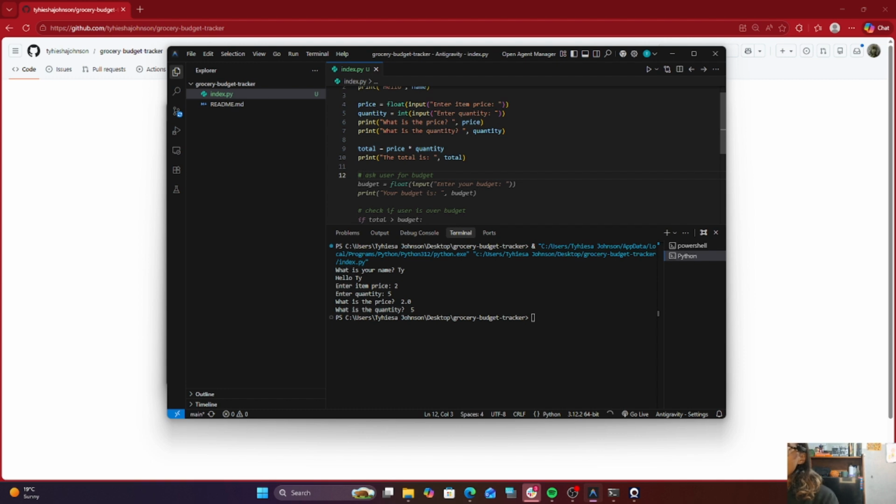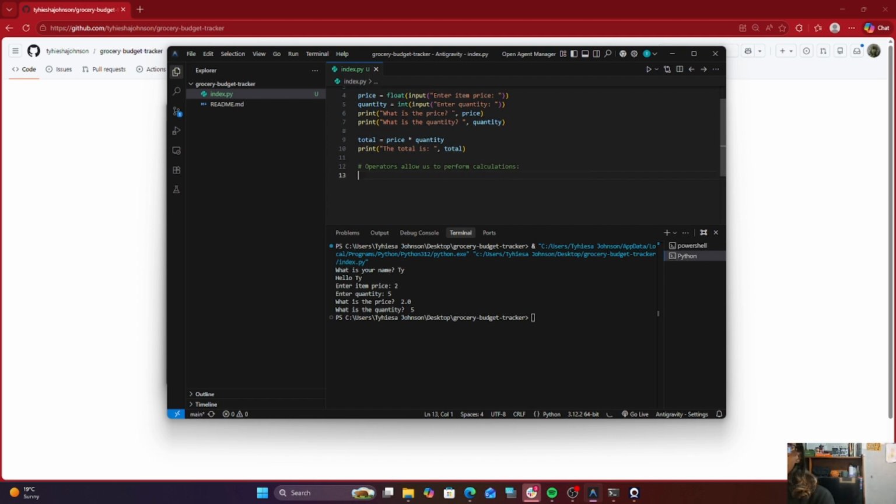And over there, we're going to say operators allow us to perform calculations, right? And we're going to say control question mark again, which is basically like a backward slash, but it's fine.